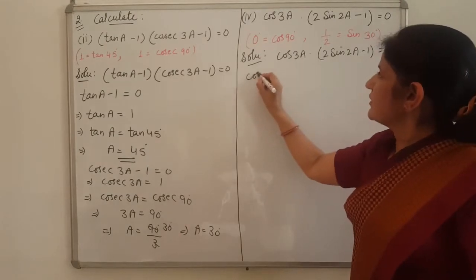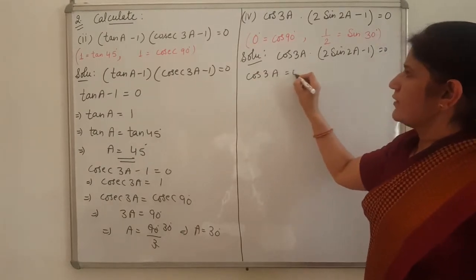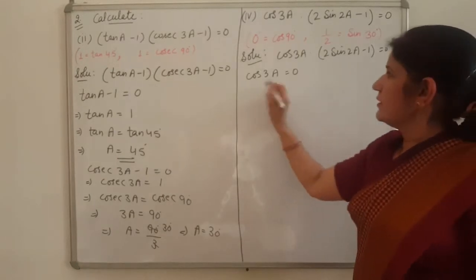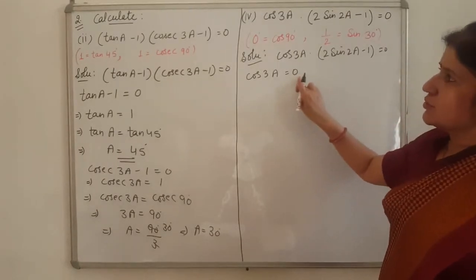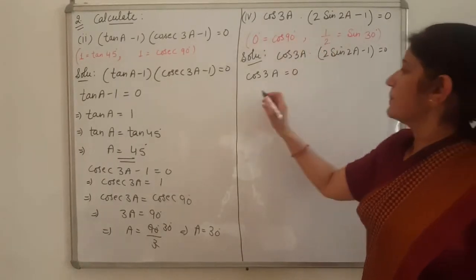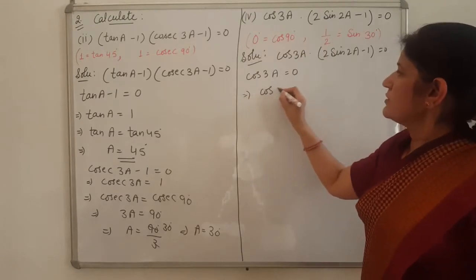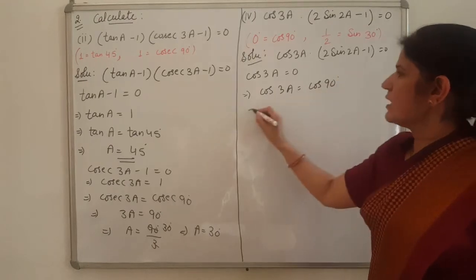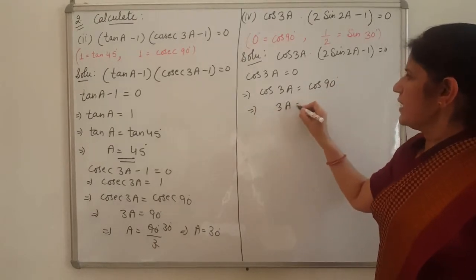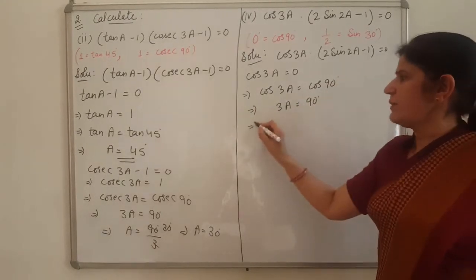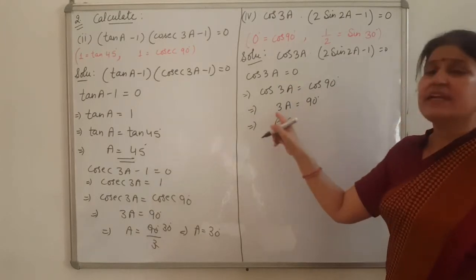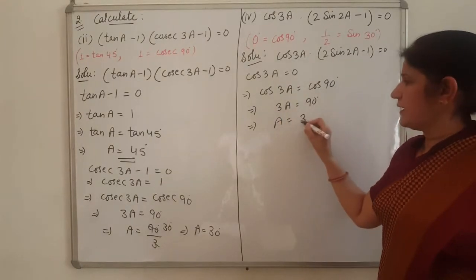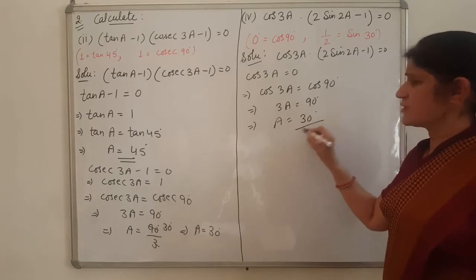So when you take cos 3A equal to 0, then in cos, 0 is the value of 90. So cos 3A equals cos 90. On comparing, 3A equals 90, and what will be A? 90 divided by 3, 30 degrees. This is the first value of this.